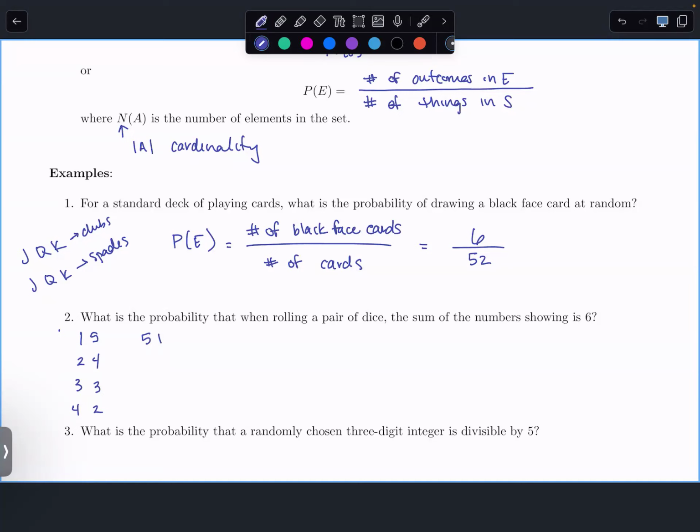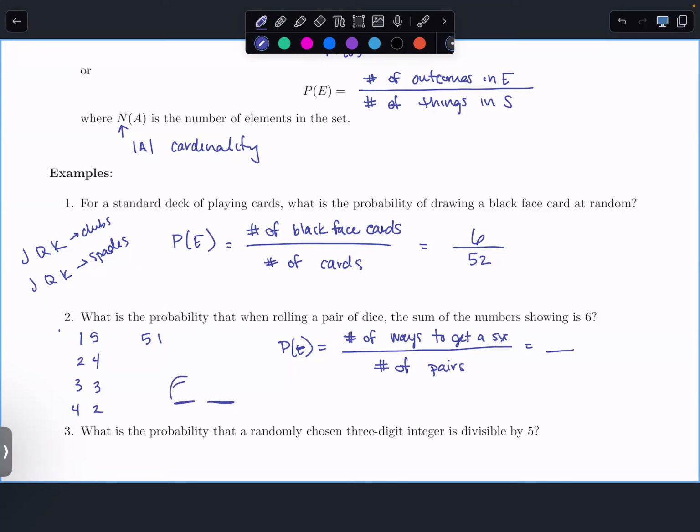The probability is going to be the number of ways to get a 6 divided by the number of pairs. Ooh, that's tricky. How many pairs of dice are there? I'm going to teach you how to count these in a minute.